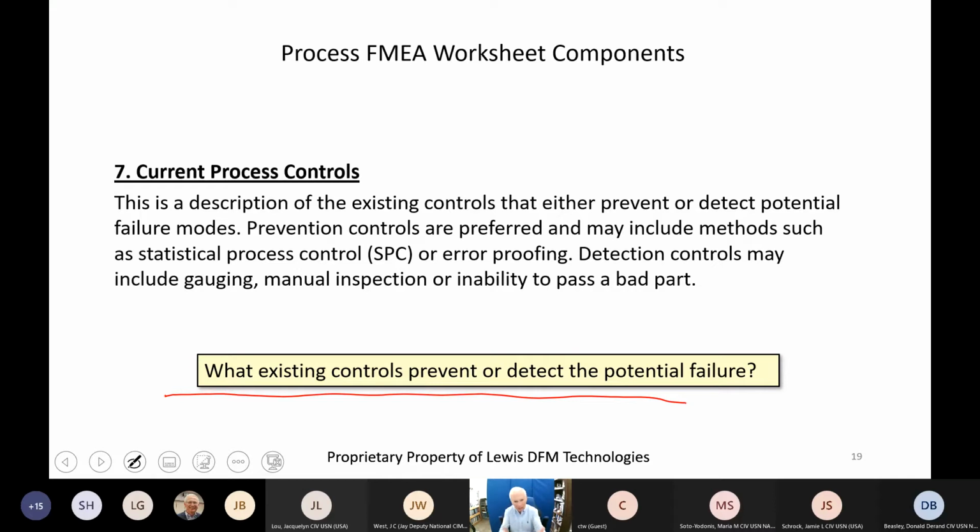Or these existing controls were done on the first wave when there were issues that were discovered or projected as far as defects. Now, these also come from previous work, because many times companies will be producing a part and they've had it in production for a couple of years. And when we do that, we have a record of all of the defects on those parts.